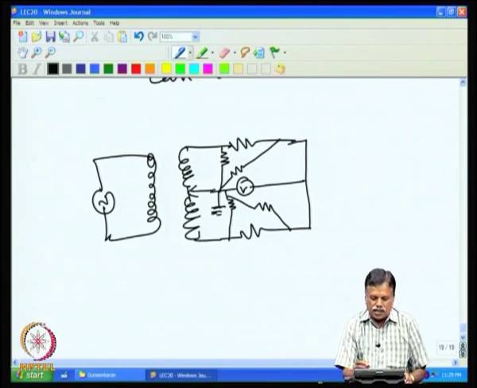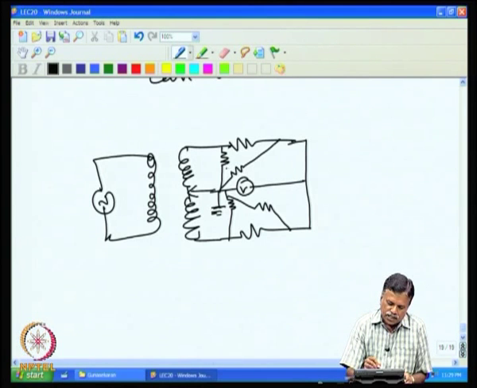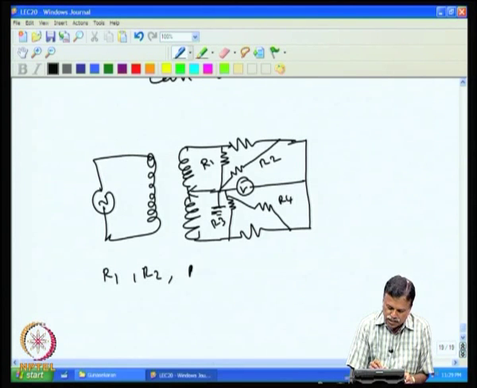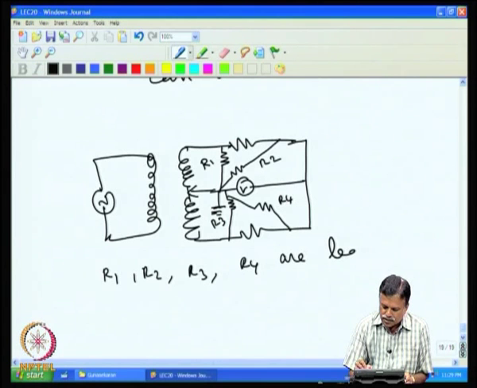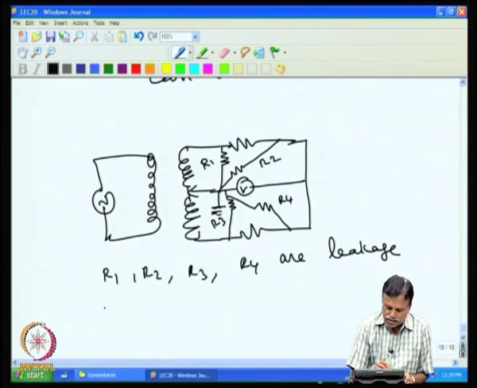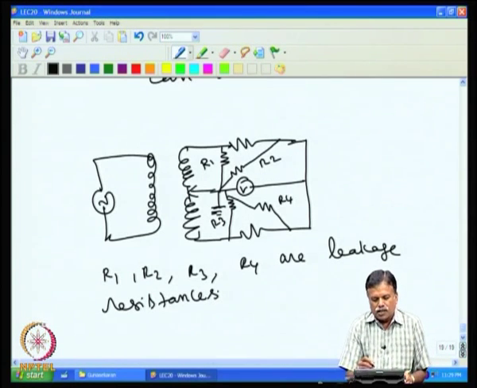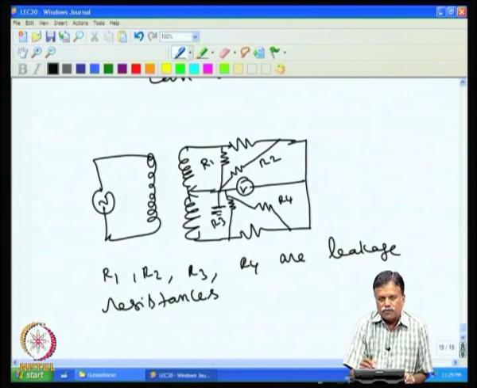These are the four leakage resistances that are possible, which I will call R1, R2, R3, R4. In the normal case R1, R2, R3, R4 all will affect the measurement.